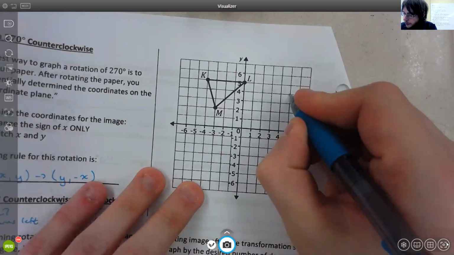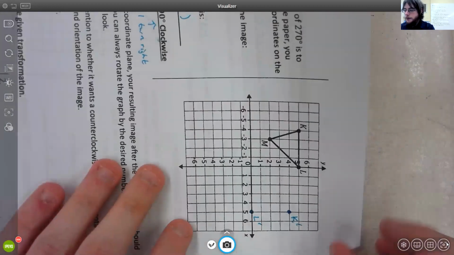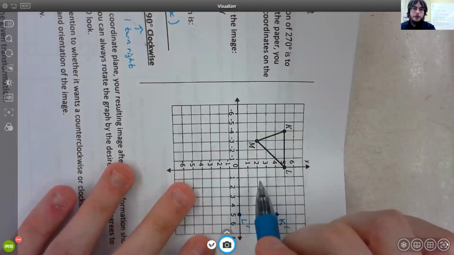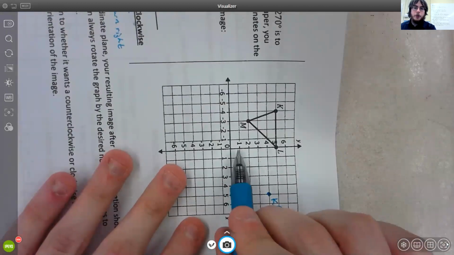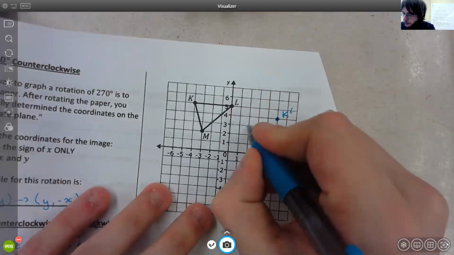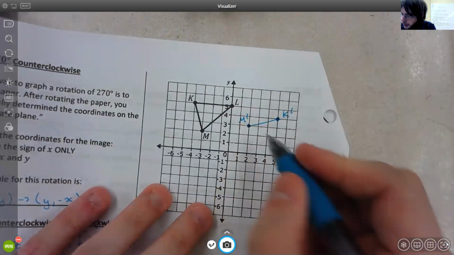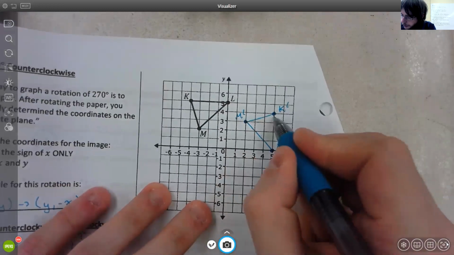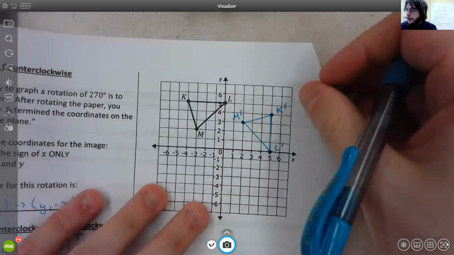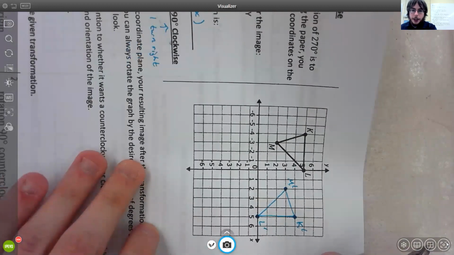Right 5, up 4. And then M, we have to go right 2, up 3. And that gives us our rotated figure, which looks exactly like it did when we had it rotated.